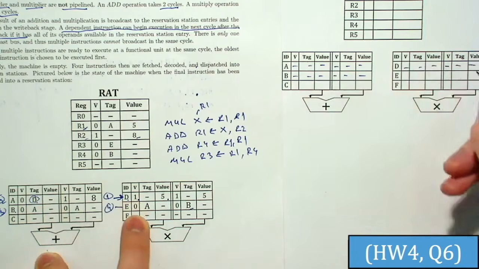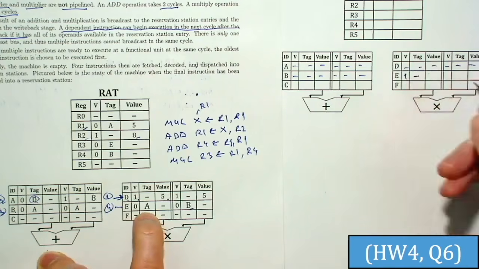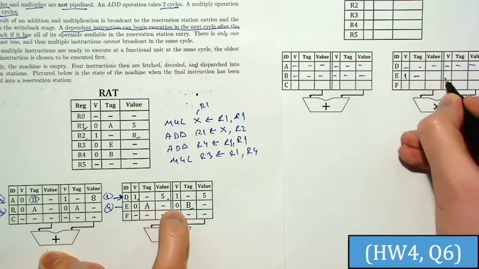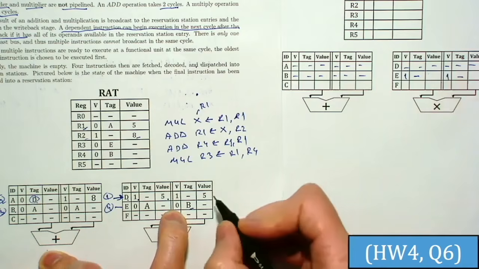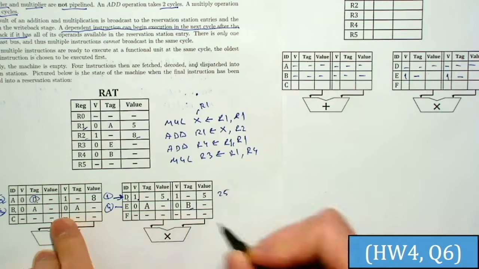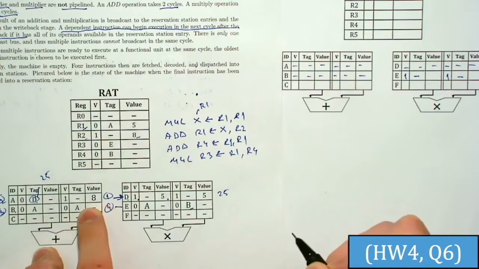And for E, since A is complete, it will have its data available. Here the value will be set. B is also complete, so this will also be set. So let's find out what are these values. The result of this operation is 5 by 5, 25, right? And so D is 25 plus 8 is 33.